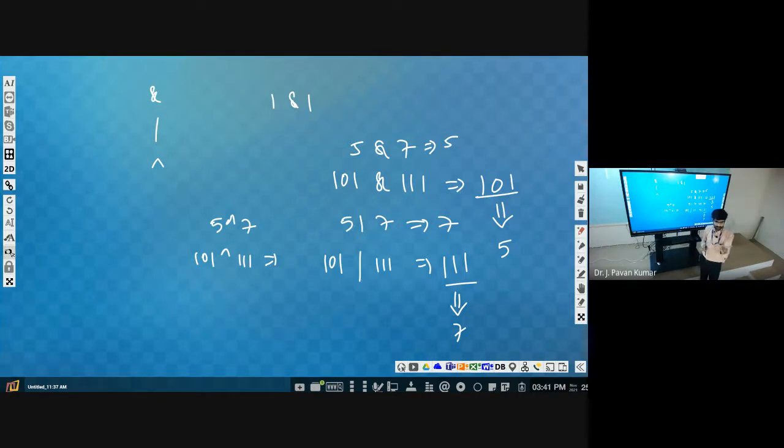So 1 exclusive or 1 means 0, 0 exclusive or 1 is 1, 1 exclusive or 1 is 0. So 0 1 0, what is the result? 2. So 5 exclusive or 7 will be 2. Understand? Decimal equivalent is 2. So like this we have seen these 3 operators.